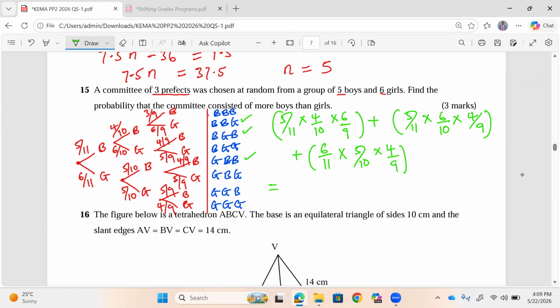Then we add 5/11 multiplied by 6/10 multiplied by 4/9, or addition 6/11 multiplied by 5/10 multiplied by 4/9.